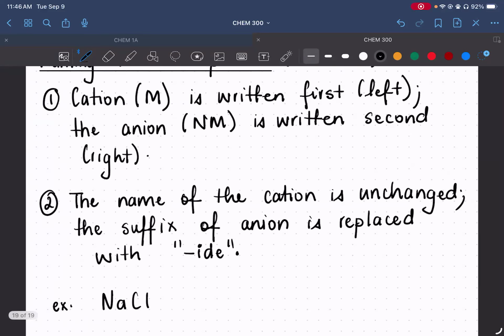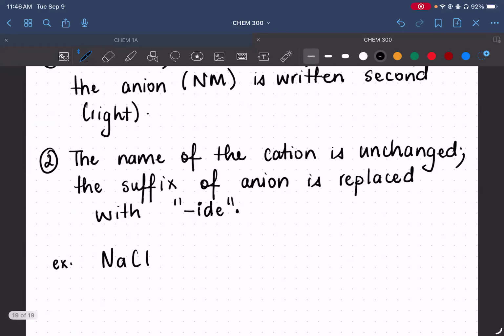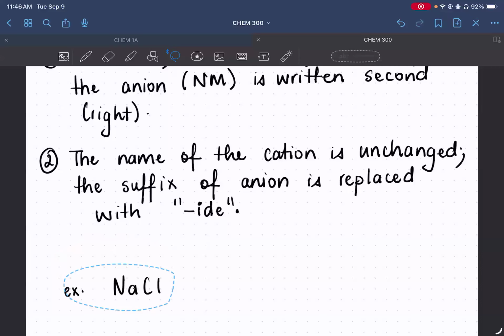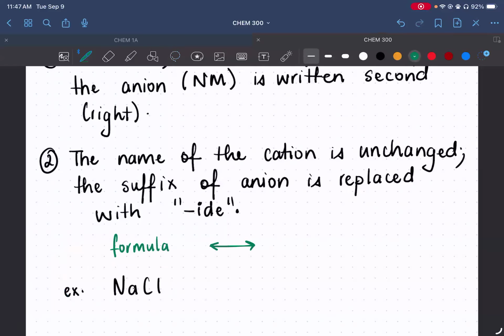All right, hopefully by now we're all very confident that this is a metal and a non-metal. And in this case, we are actually going to go from formula to name.